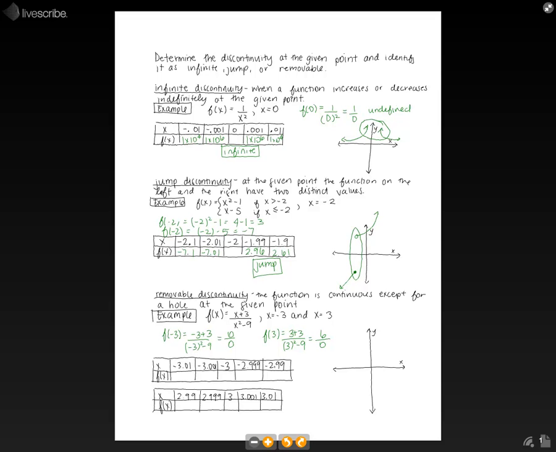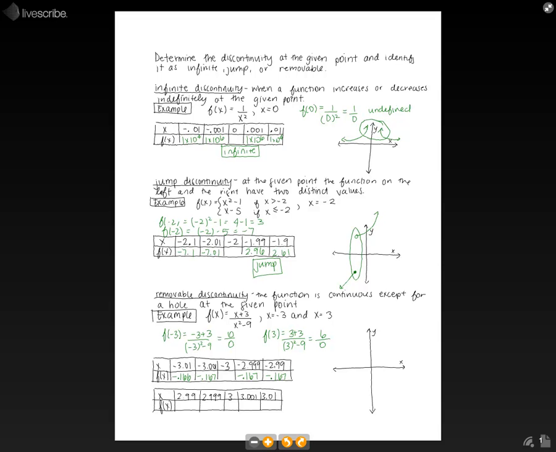So for negative 3, negative 3.01 will give us a negative 0.166. Negative 3.001 is negative 0.167. Negative 3 is an undefined value. Negative 2.99 is negative 0.167. And negative 2.999 is negative 0.167.